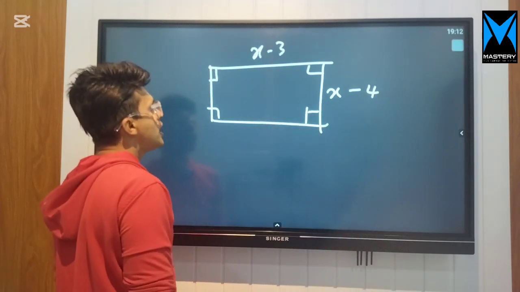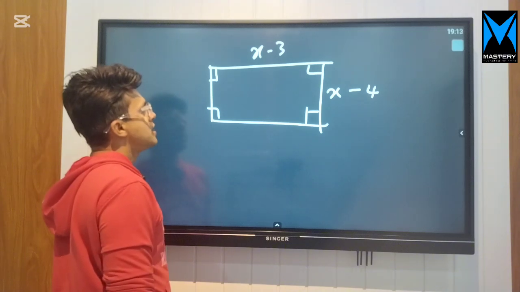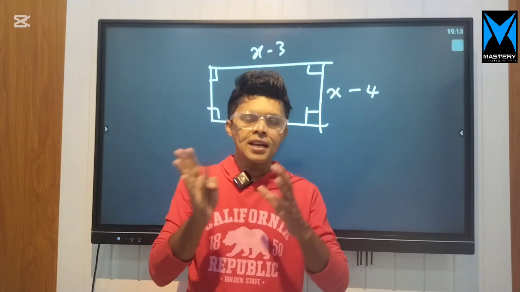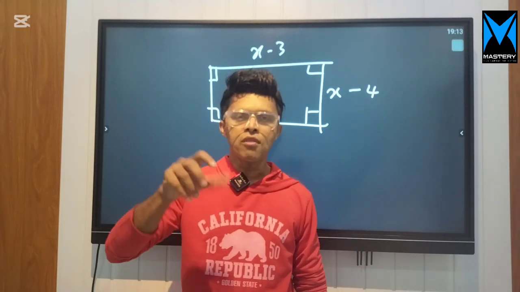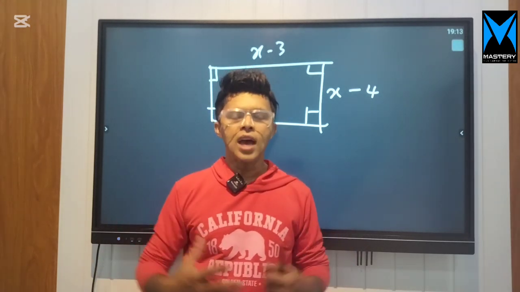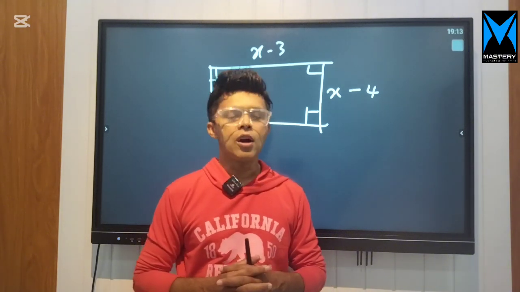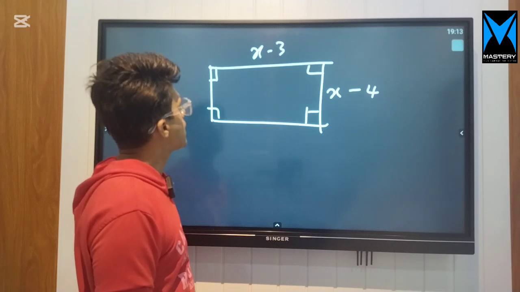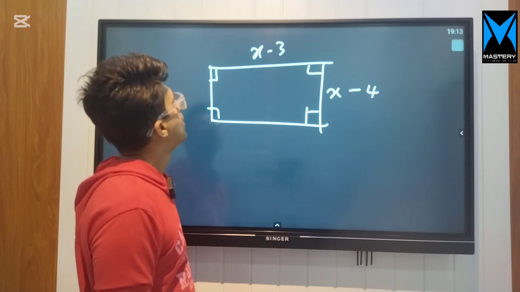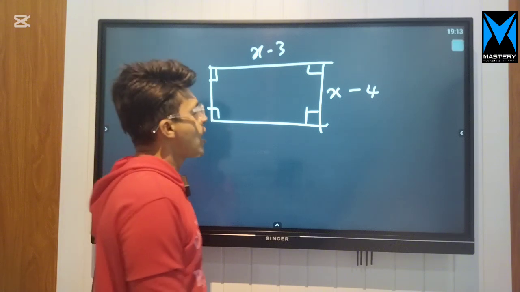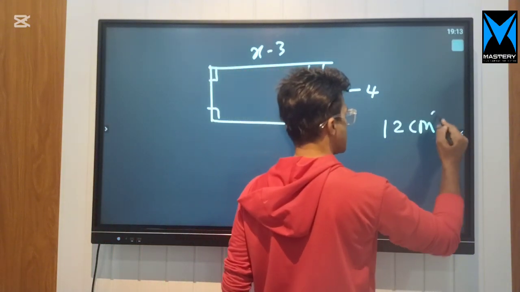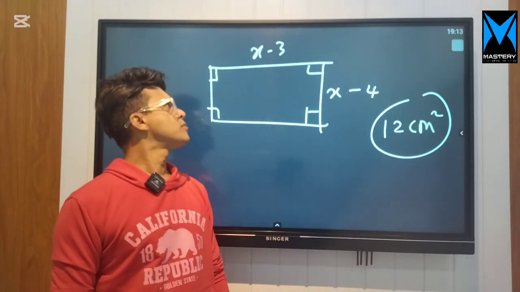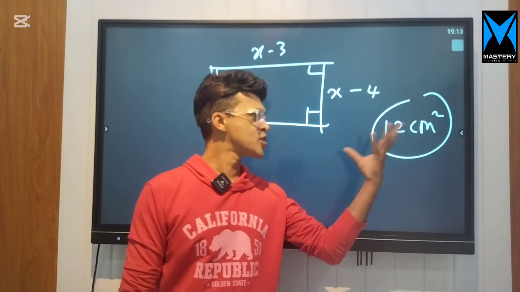This rectangle is related to a question on quadratic equations. It gives the area of this rectangle as 12 cm squared. The area of this rectangle is 12 cm squared.